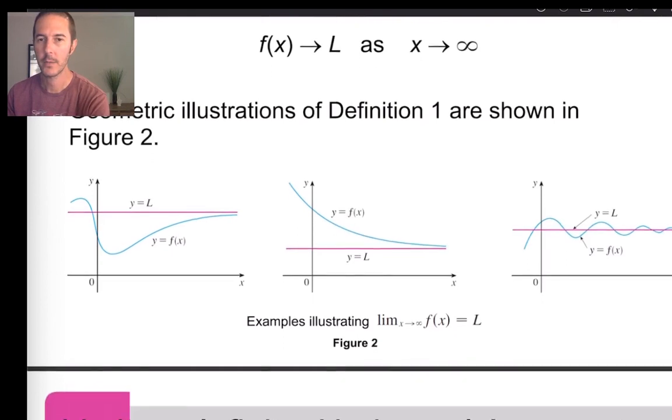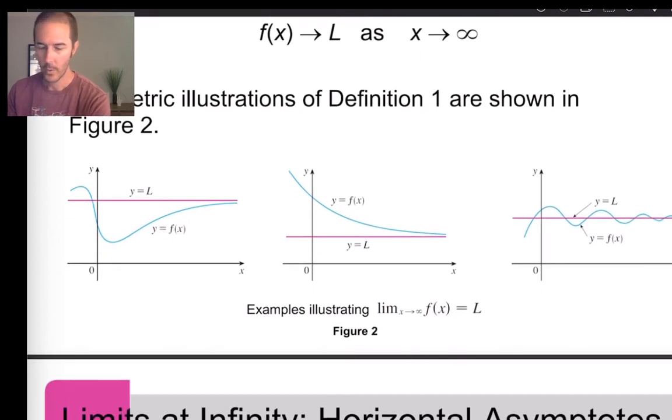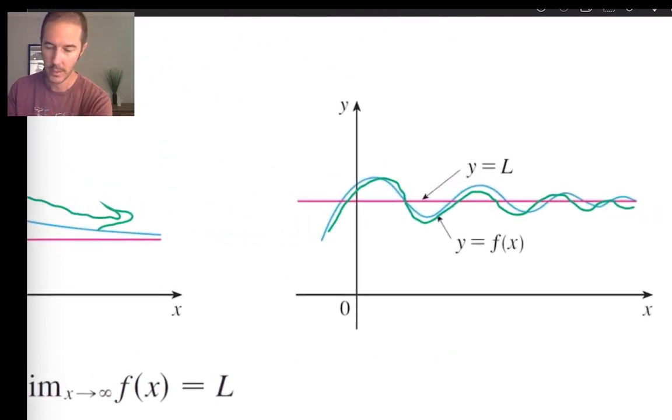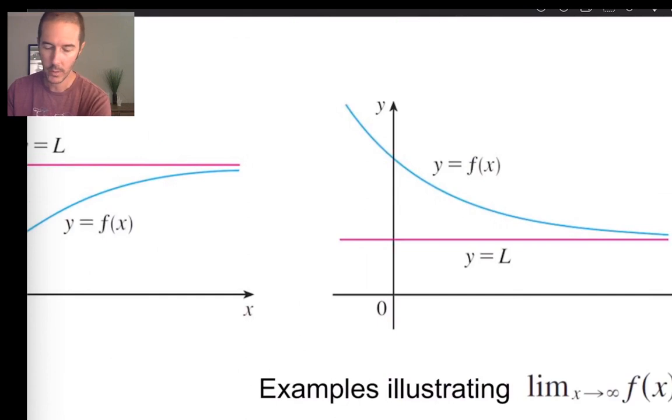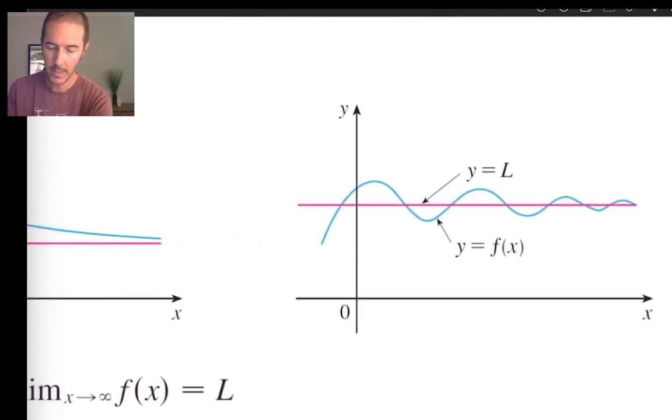So as we move out to the right, whether you're coming up from underneath your y value, or if you're sort of landing on top of that y value, or there are functions that will sort of oscillate above and below forever.